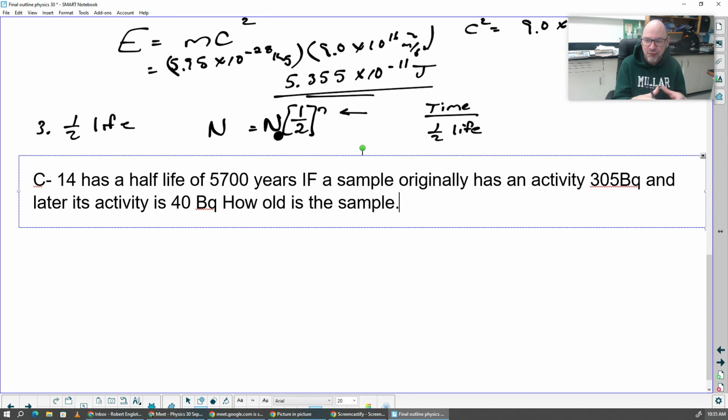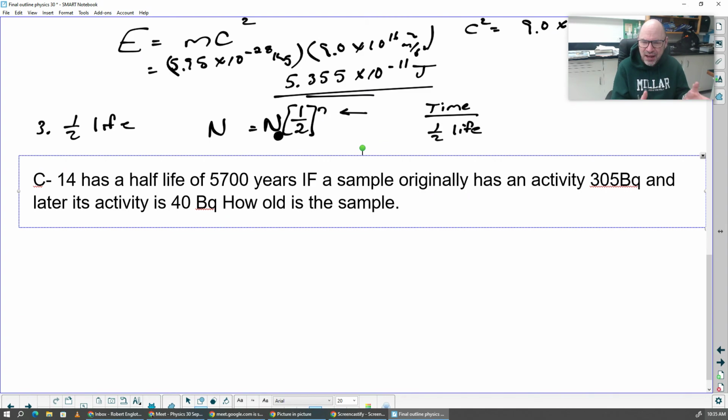What's happening in radioactivity is it's giving off so many particles per second. So a becquerel is 1 decay per second. In our example, it starts out at 305 decays every second. So it's fast decaying, losing mass fast. Then later on, it slows down as the mass goes down.